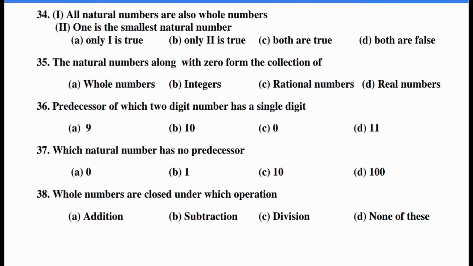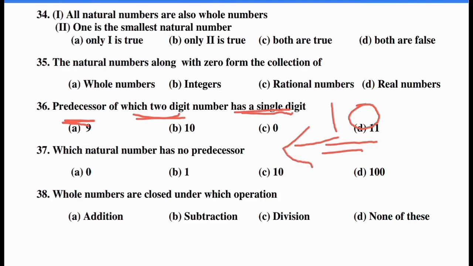Question number 36. Predecessor of which two-digit number has a single digit? So we take a two-digit number whose predecessor, meaning previous number, has a single digit. So it is 10, right?